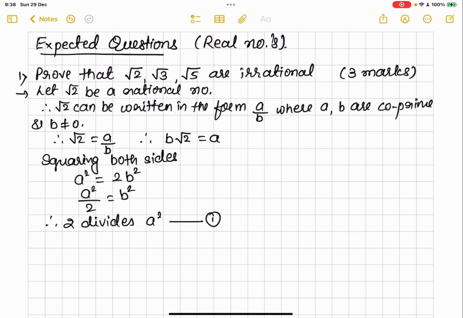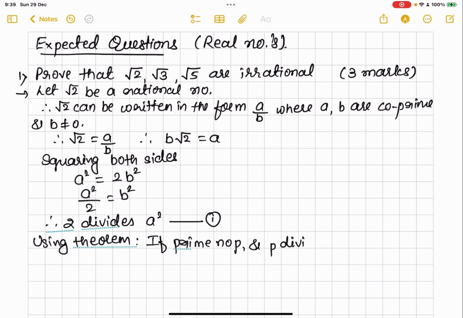Now using the theorem, that is, if prime number P divides A square, then P divides A also, where A is a positive number.